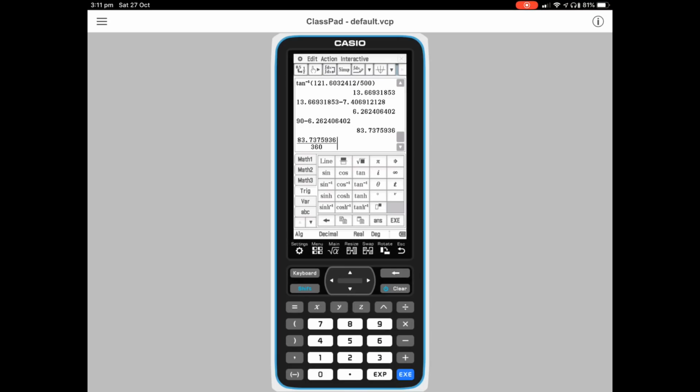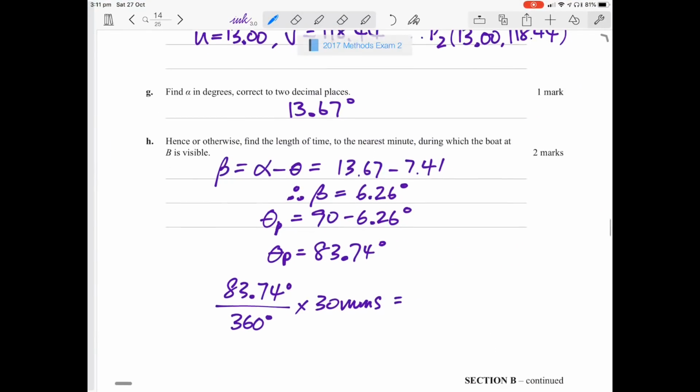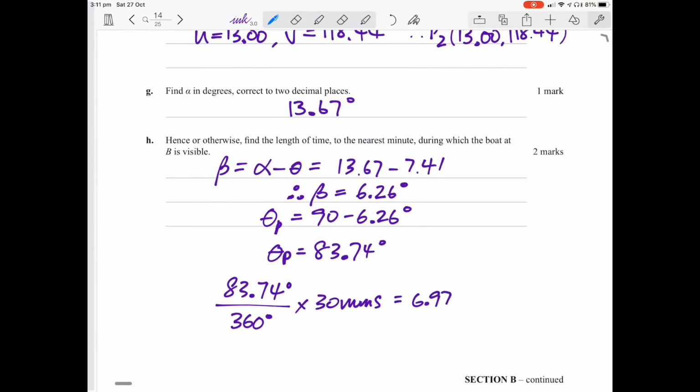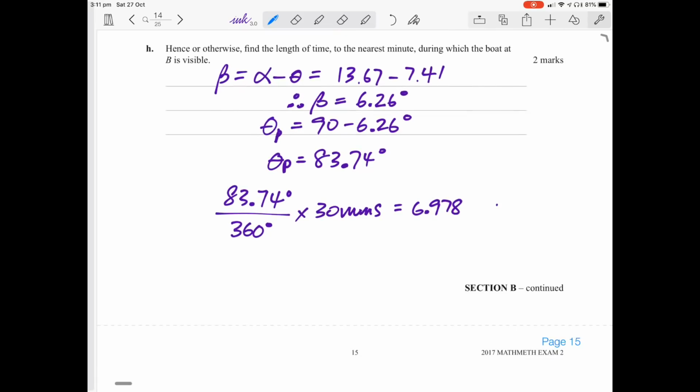So that's the fraction of a circle, 83 degrees out of 360, times 30 minutes. So 6.978, to the nearest minute. Therefore, B is visible for 7 minutes.